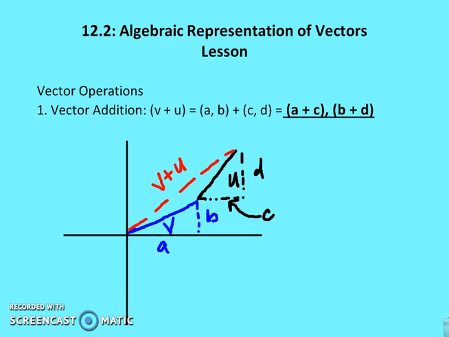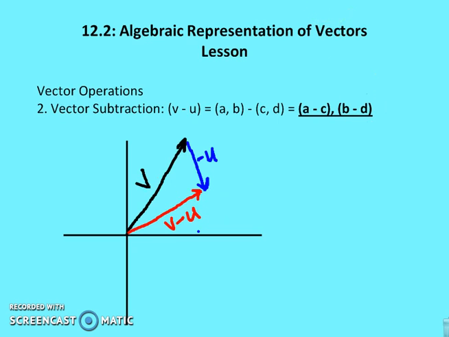All right, so vector operations, vector addition. If I'm adding two vectors together, I'm just adding in component form the x values together and the y values together. So if I had the two vectors v plus u, and v is (a, b) and u is (c, d), then simply v plus u is (a plus c, b plus d) in parentheses.